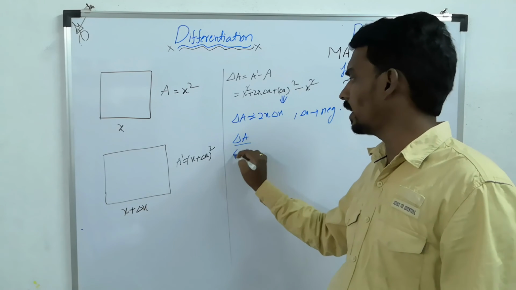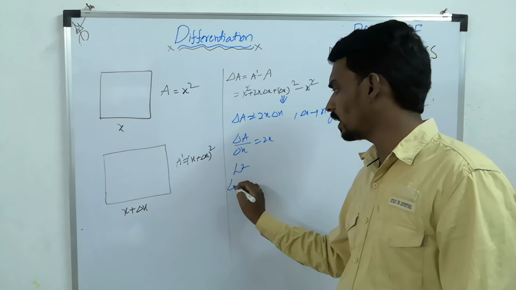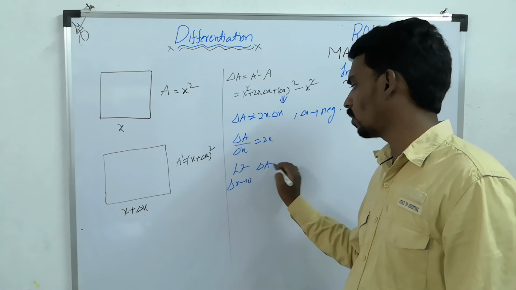Now ΔA/Δx is 2x, and this holds when delta x tends to 0.